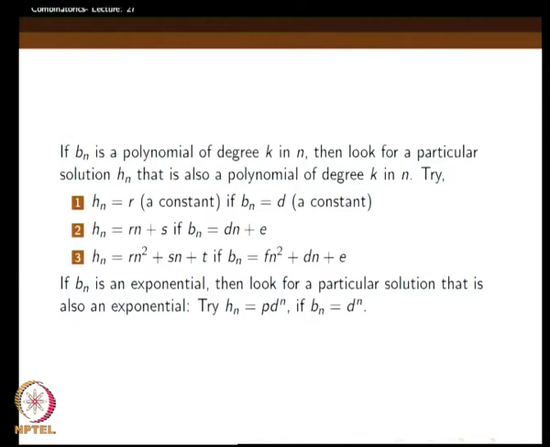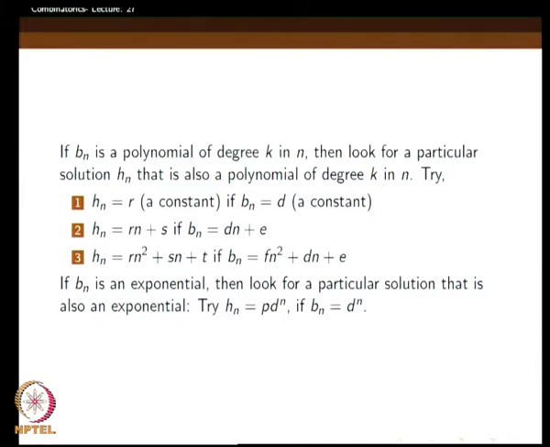How will you go about finding the particular solution? In the Tower of Hanoi case, we just substituted and saw whether a constant would work or not. Will a sequence of unchanging values fit the given recurrence relation? Definitely it need not fit in all cases. So here sometimes we may need some different kind of substitutions also.